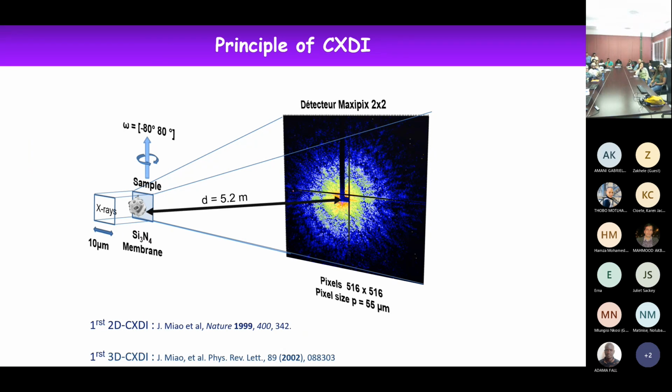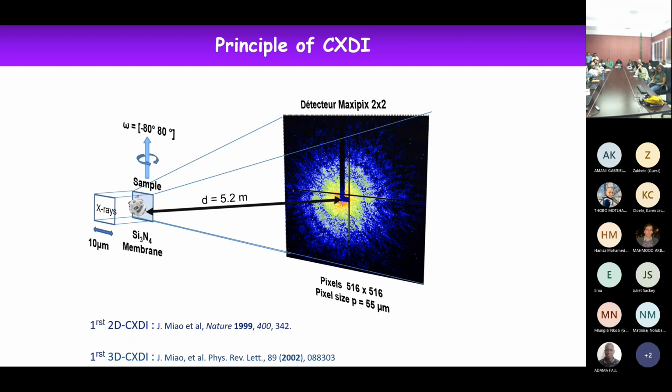So if you have some medical problems, you can go to the hospital, and at the hospital, they can make some analysis, for instance, of your brain, and they make a 3D image of your brain. So this is what we call tomography.